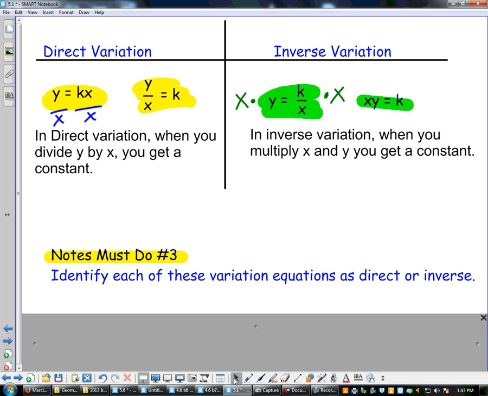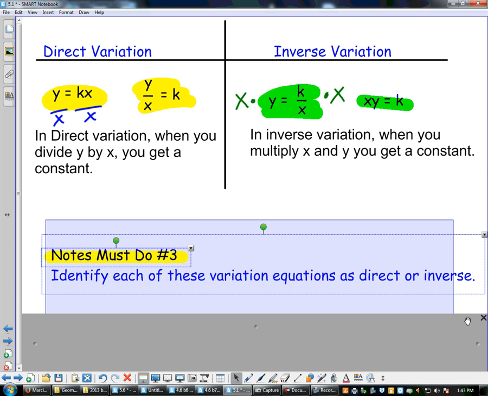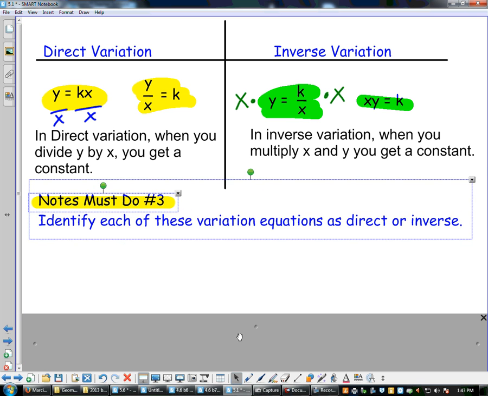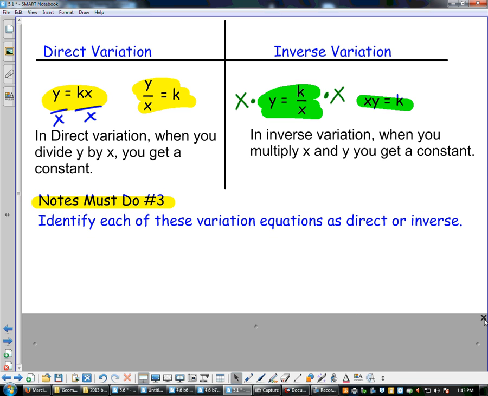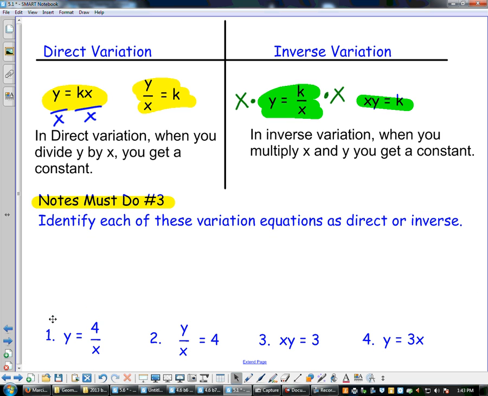All right, let's take a look here. This is your third notes must do. Identify each of these variation equations as being direct or inverse. So here are your examples. For number 1, it's y equals 4 divided by x. I just need you to tell me, is that direct variation or inverse variation?